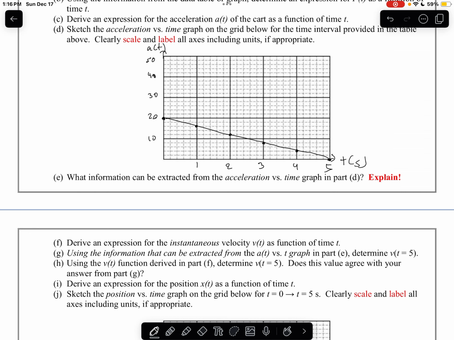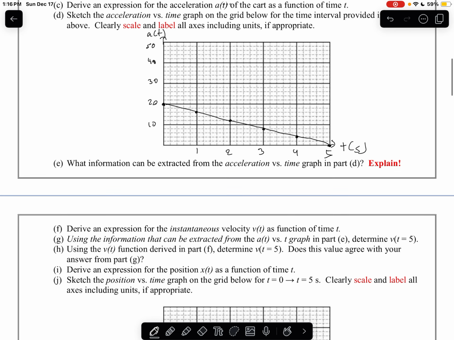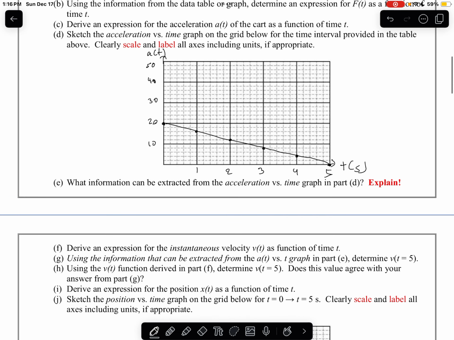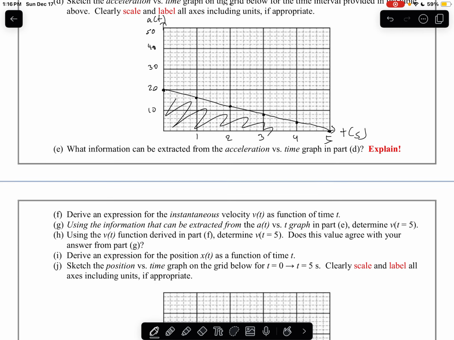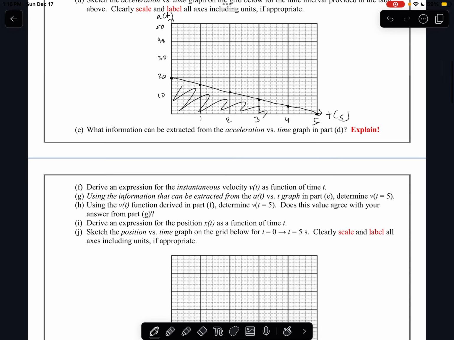And then what information can be extracted from the acceleration versus time graph in part D? I think what I can extract from this graph is that finding the area under this graph will get me the velocity. Like I said before, finding the area under the graph is basically integration.